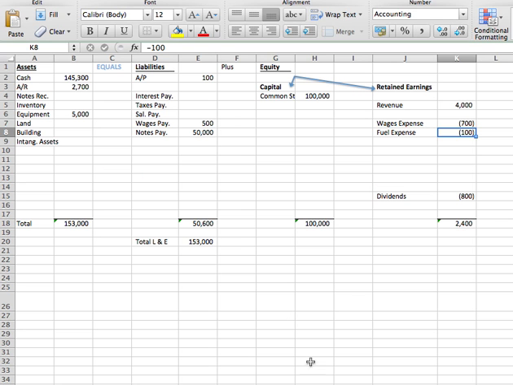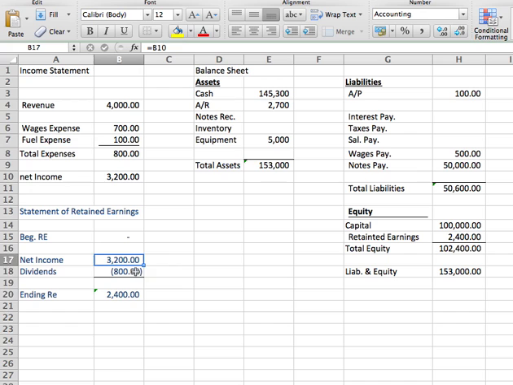And dividends again came from here. Thus, 0 plus 3,200 minus 800 gives us ending retained earnings of 2,400, which flows through to my balance sheet. So as you can see from this, ending retained earnings shows up in 2 spots: on the statement of retained earnings and the balance sheet.